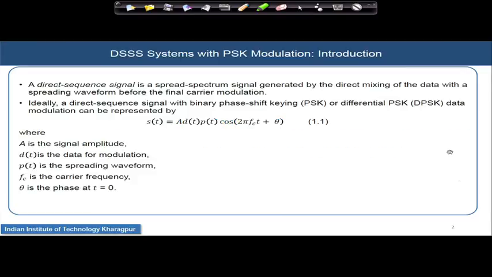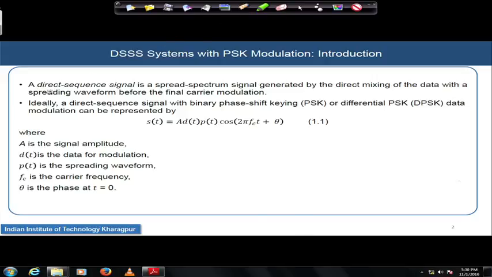In a direct sequence spread spectrum system, as the name suggests, the signal model is obtained by the direct multiplication and direct mixing of the data with your spreading waveform. We understand that in spread spectrum communications, the spread spectrum signal has an extended bandwidth compared to the minimum required data modulation bandwidth.